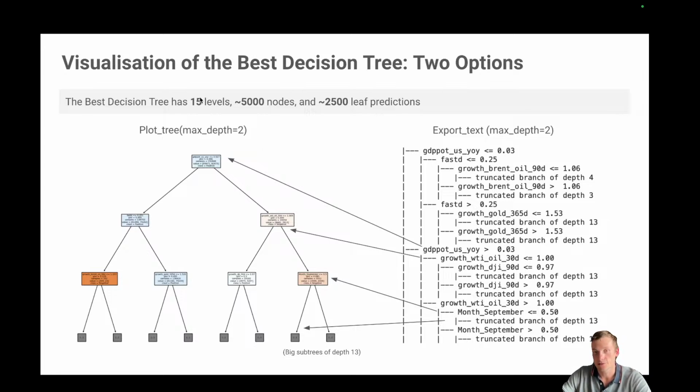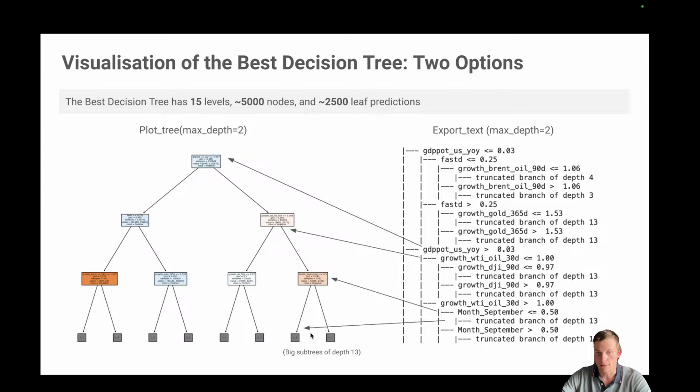And the best decision tree has 15 levels. When I show this picture, I show only the first two levels, level 0, level 1, and level 2. And from this picture on the right side, you can see that after these levels, there are big subtrees of depth 13.